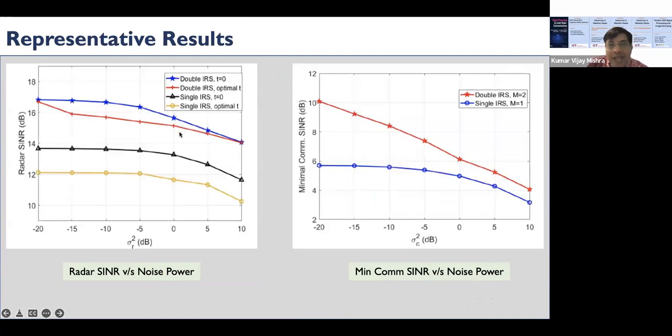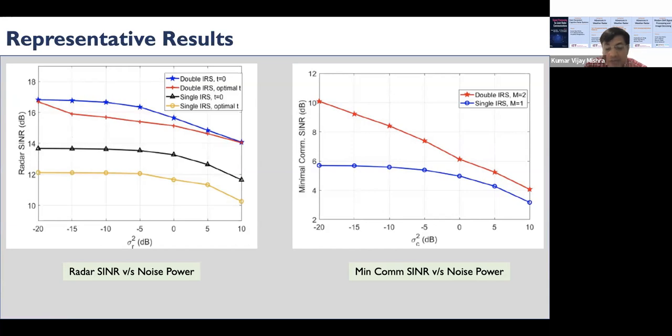So if I'm using two IRS, like more than one IRS, our result actually shows that, yeah, you can improve the radar SINR. But if you actually optimize this further, then the result is even better with optimization. If you're just using random phases, for example, and you compare it with the optimal version of the phases, you can improve it.